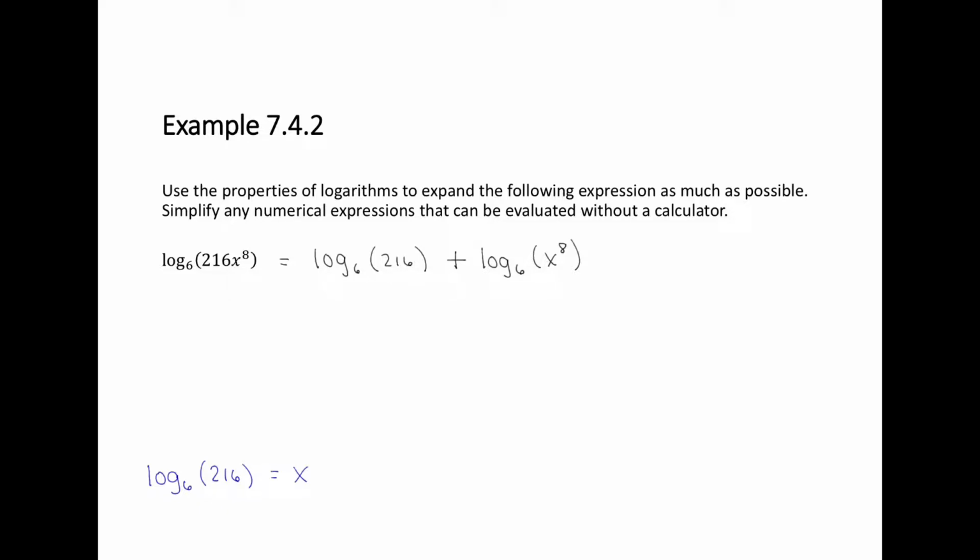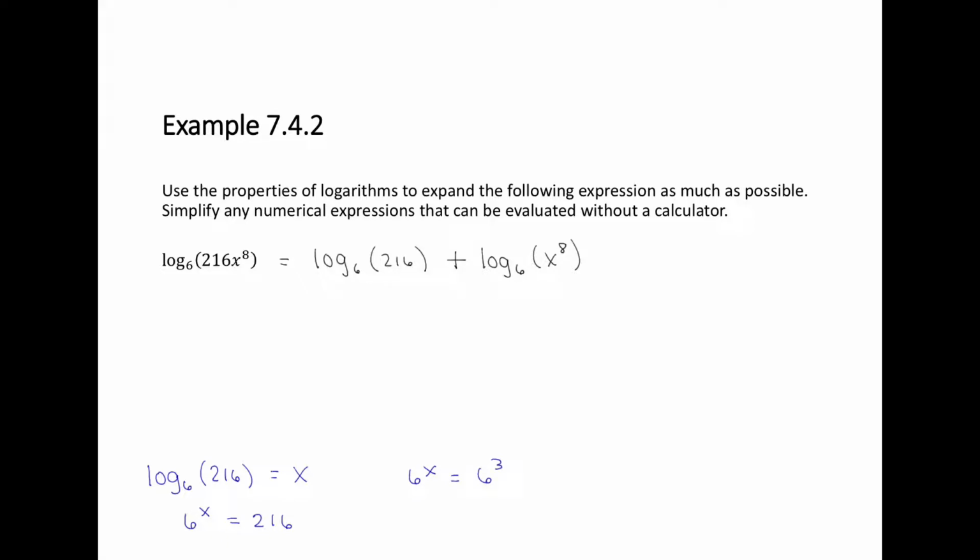We would change this to an exponential by taking the base, going across the equal sign to get the power, and that has to equal the 216. And we know, if you don't know, you can do it by trial and error. Ran out of room. 6 to the x is equal to 6 to the third.